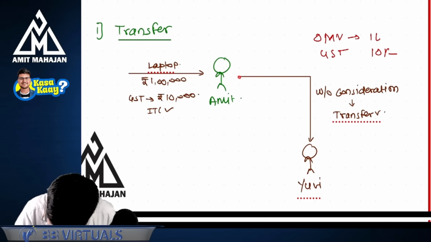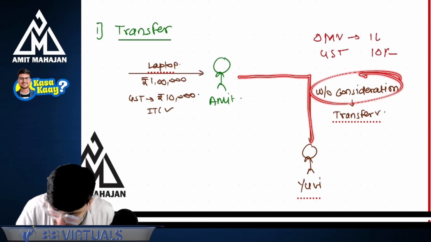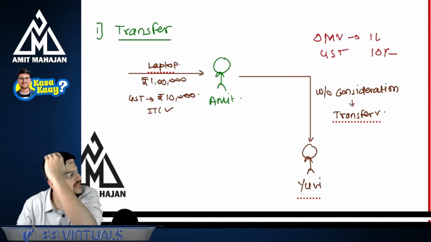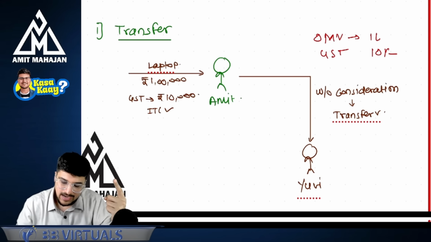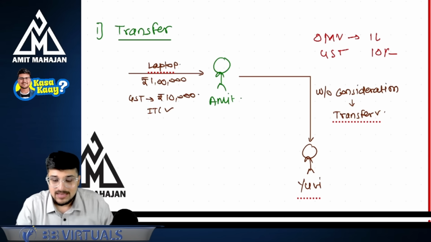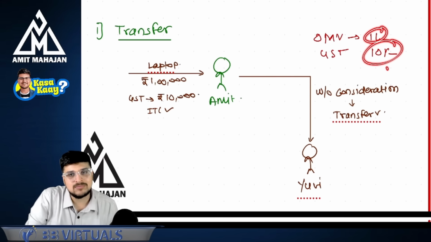By considering this outward supply, which is without consideration, as deemed supply. So I'm explaining this once again. If it is without consideration and if it is a transfer, then it will be considered as a deemed supply. They will identify the value of supply as per the valuation rules. Say for example, the value comes to 1 lakh and the GST liability comes as 10,000.